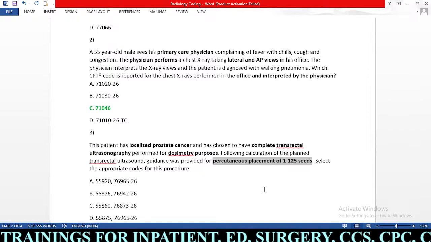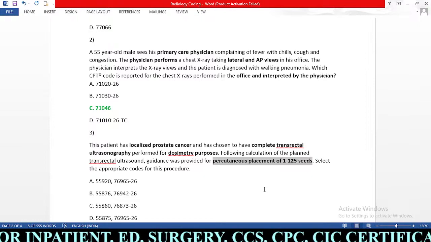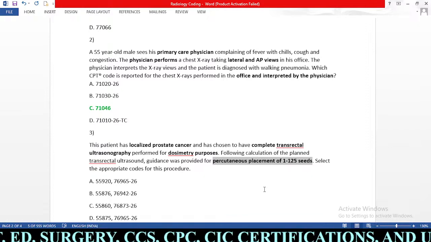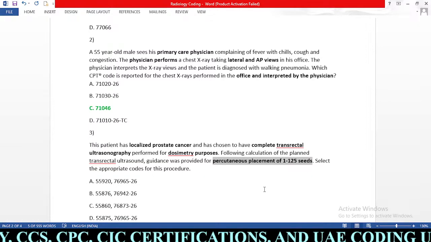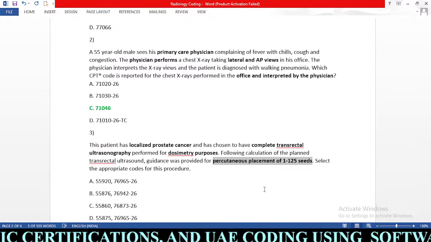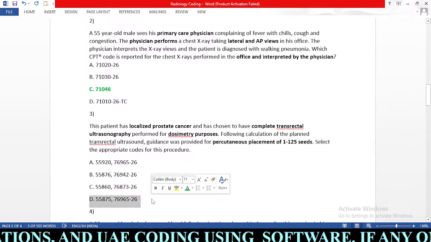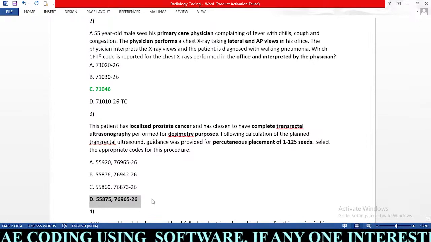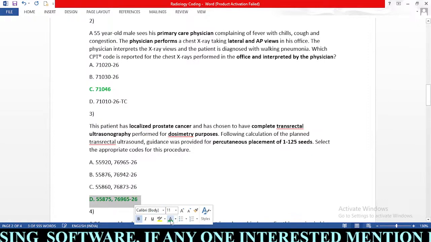Basically here the physician has performed transrectal, which is directly related to the transperineal approach. So our answer is 55875, and if you check 55875, we have guidance for ultrasonic guidance for interstitial radio element application, use 76965. Because of this rationale, our answer is D: 55875 for percutaneous placement and 76965 for ultrasonic guidance, based on the guidance provided in the CPT book.